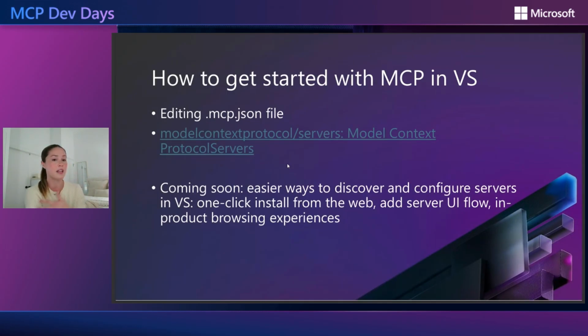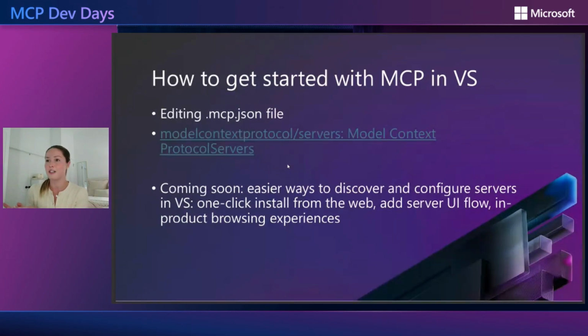We're planning to add even more streamlined and better ways to connect to servers in the future. But right now, what you would do is just add that JSON file, and then you can find those JSON snippets online. I put a link here to the MCP repo on GitHub, the servers list. I'm sure a lot of you, if you're familiar with MCP, have seen this. If not, I would definitely recommend checking it out.